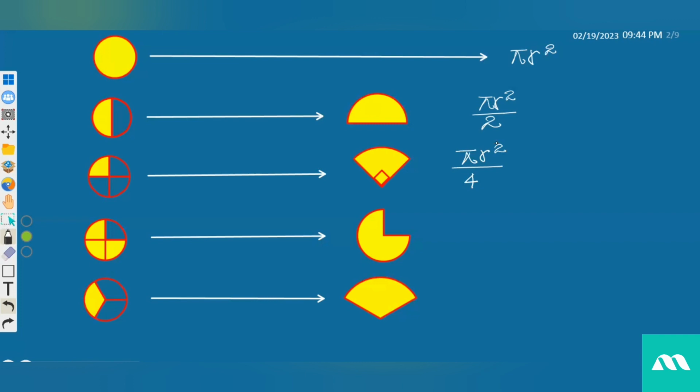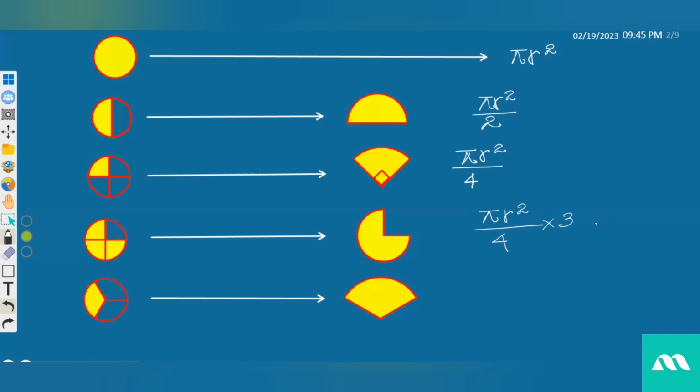Then if we consider 3 out of 4 parts, the area of a full circle is pi r squared. If we divide this by 4, it gives the area of one part. Now we want the area of 3 parts, so we multiply it by 3.